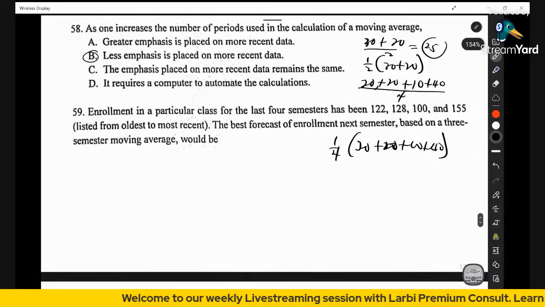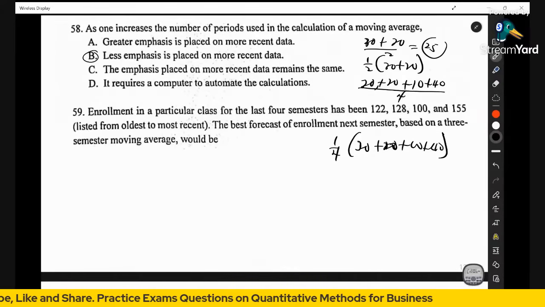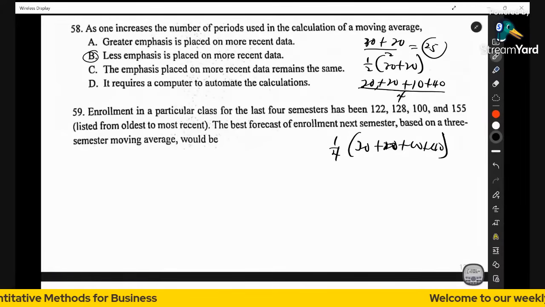Question 59. Enrollment in a particular class for the last 4 semesters was 122, 128, 100, and then 155, listed from oldest to most recent. The best forecast of enrollment next semester based on the 3-semester moving average will be.